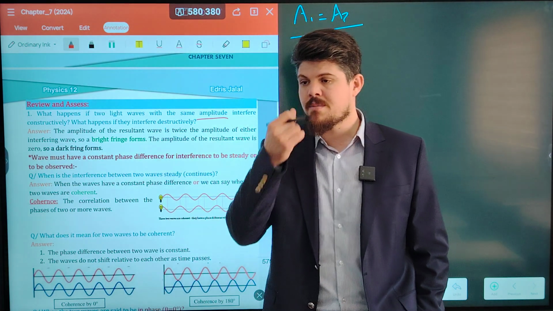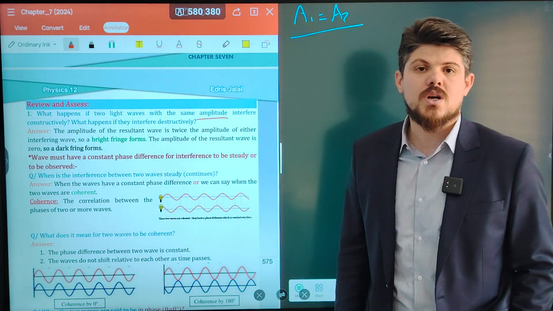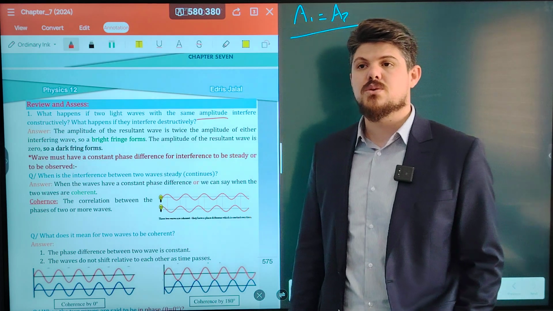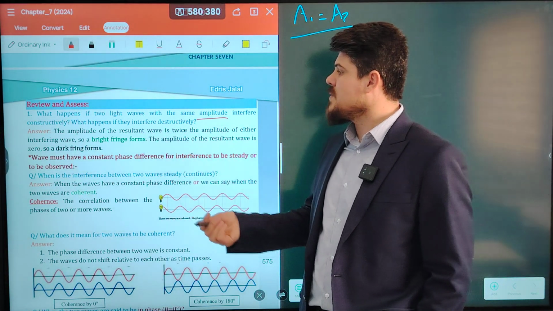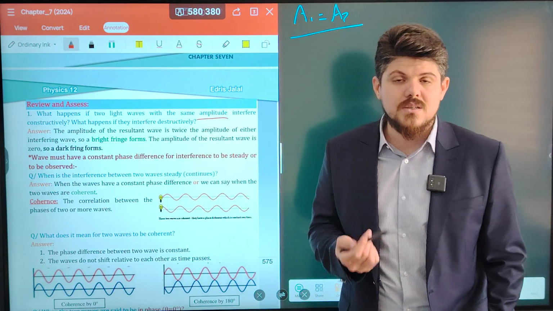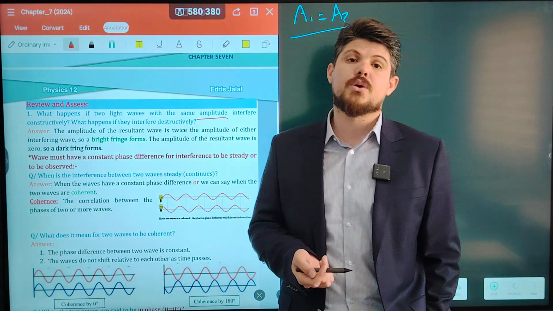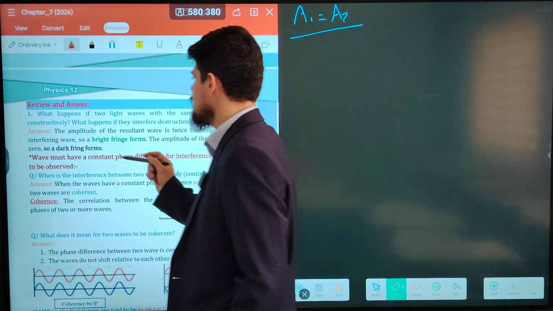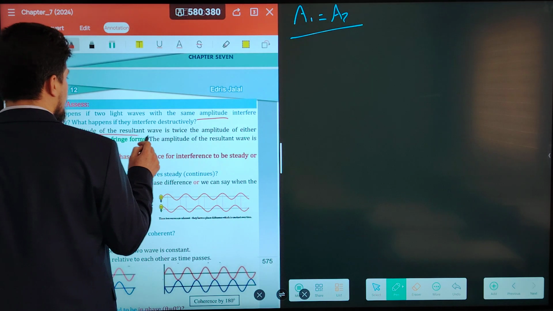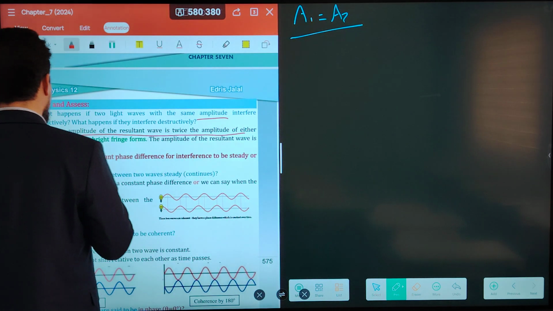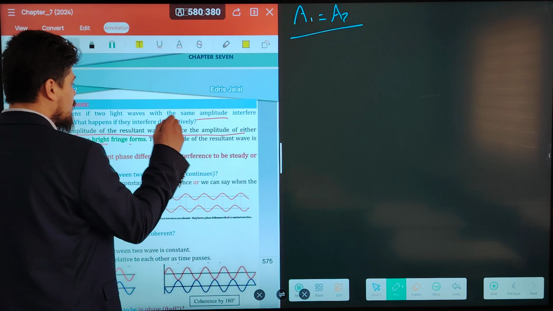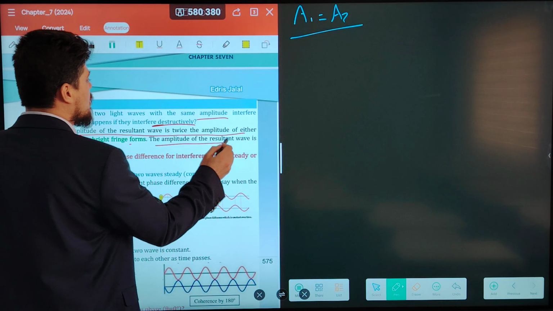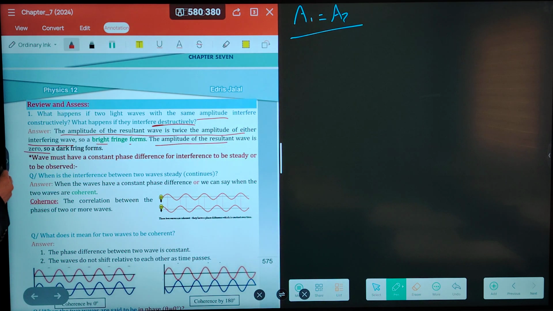If the two waves with the same amplitude interfere constructively, what will be the resultant amplitude? Twice. And what happens if they interfere destructively? It's going to be 0 because they have the same amplitude. In the first case, the amplitude of the resultant wave is twice the amplitude of either interfering wave, so a bright fringe forms. But for the second case, destructive, the amplitude of the resultant wave is 0. Okay, and the dark fringe forms.